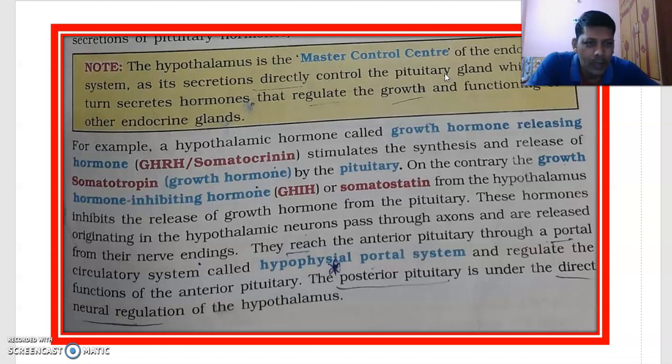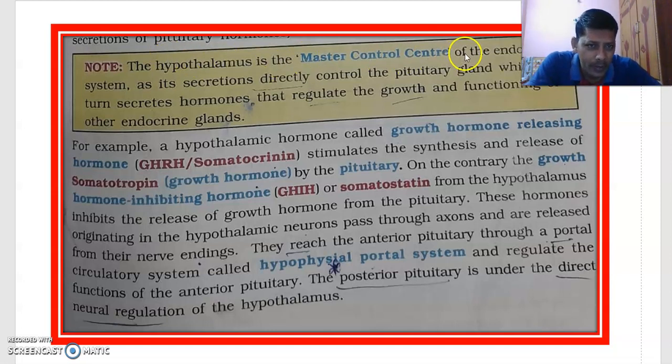For example, when a terrorist enters someone's house or a temple where there are many devotees, and they point guns towards them and order them to do what they say, and they do it blindly, whatever they say. Like that, the hypothalamus tells the pituitary, hey, do this thing, and it is ordering the pituitary gland.